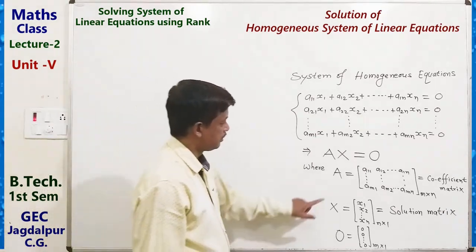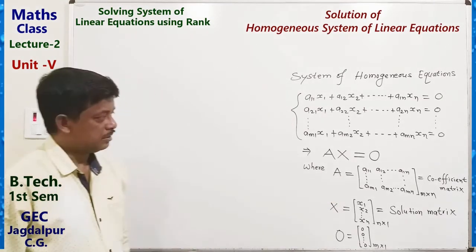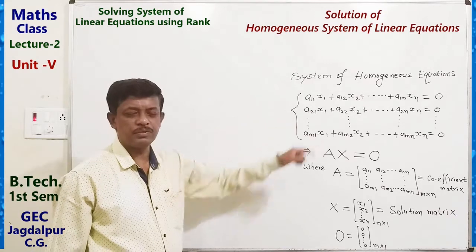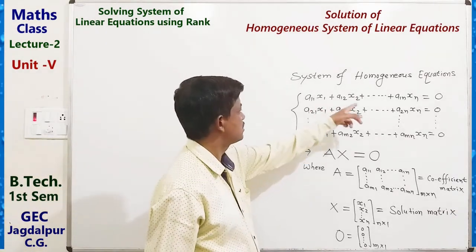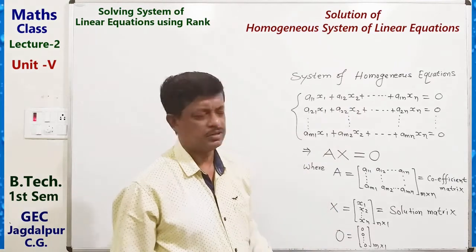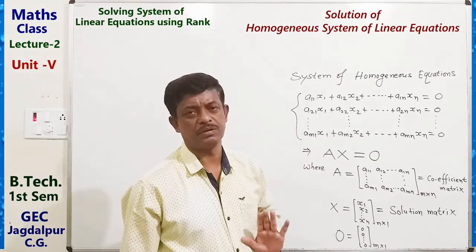Here this system of equations is satisfied if we put x1, x2, x3 up to xn equal to 0. Whatever the constants may be, all the equations will be satisfied because the right hand side is 0.